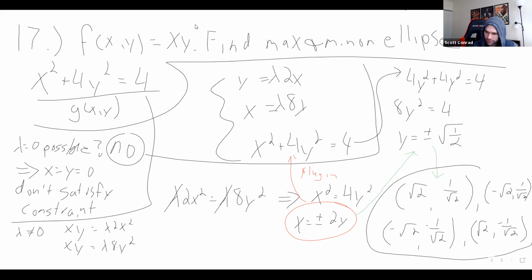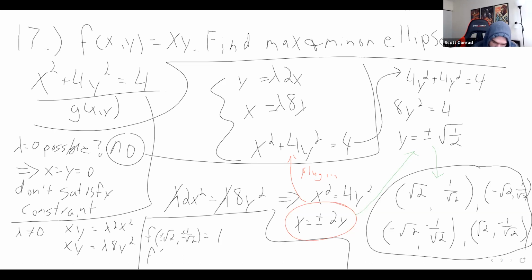where we need to check f. So where the two guys have the same sign, xy becomes root 2 times 1 over root 2, which is 1.